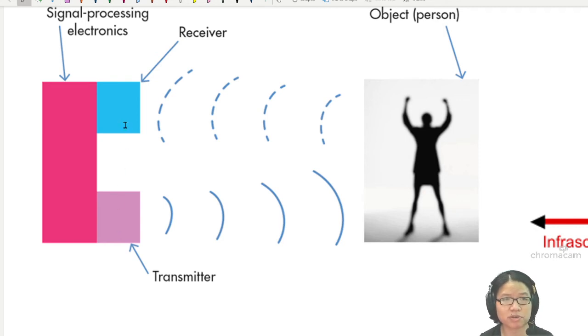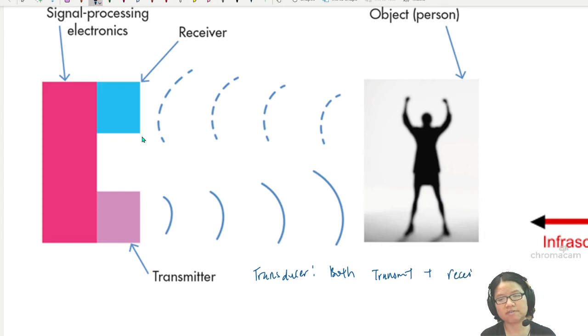So the transmitter and receiver are the same thing. The transducer does both, transmit and receive ultrasound. Why? Because it's just a piezoelectric crystal.